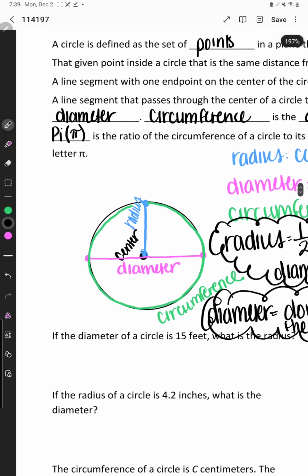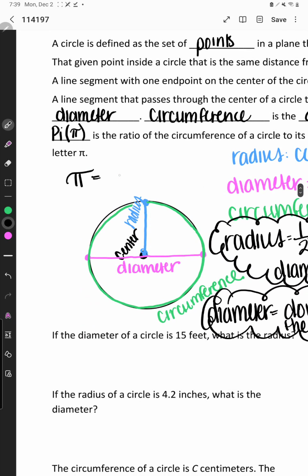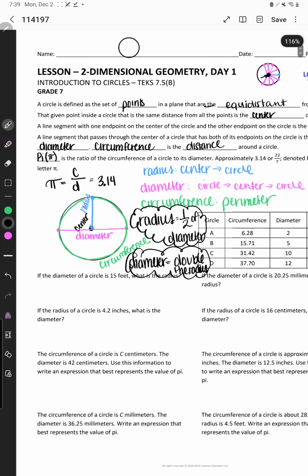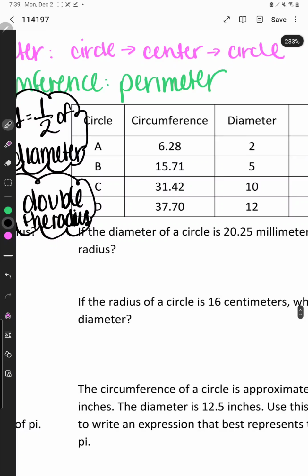And the last thing you need to know is that pi equals circumference divided by diameter, and it always equals 3.14. So we're first going to start by talking about this pi over here.